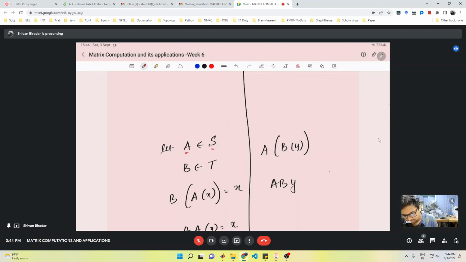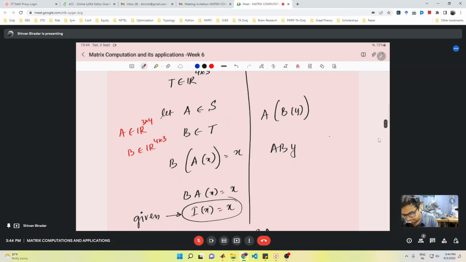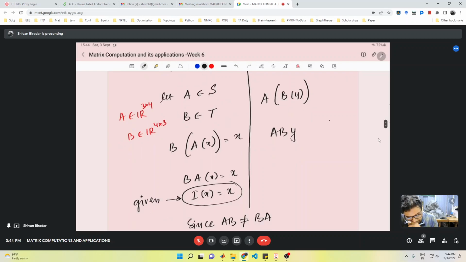Let us say that there is a matrix A belonging to S, which means that A is a matrix of 3 cross 4, and B is a matrix of 4 cross 3. So we have T composition S, which is an identity transformation.